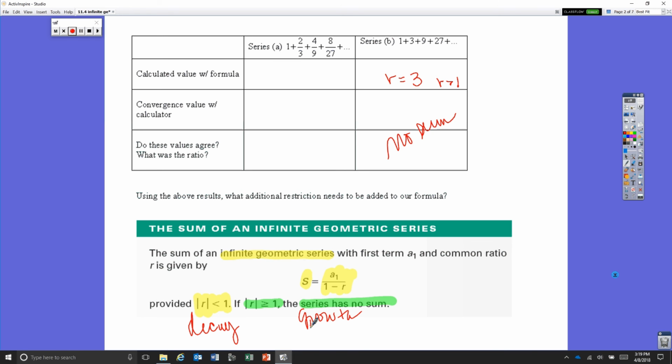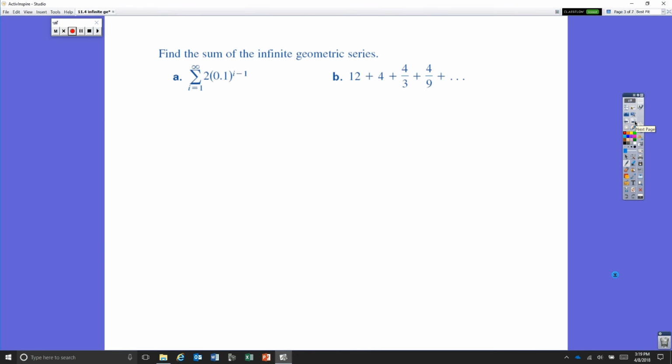So now let's use that idea of an infinite geometric sum. First you have to see that you have one. This is going from 1 to infinity, so that indicates infinite. What part of it indicates geometric? I have my variable as the exponent. That means geometric.